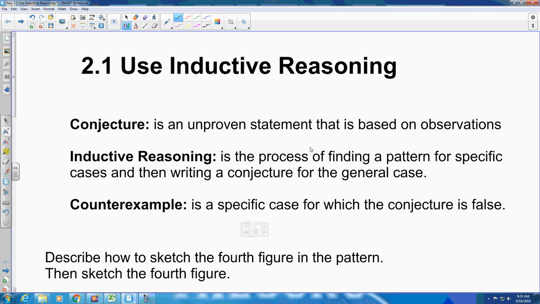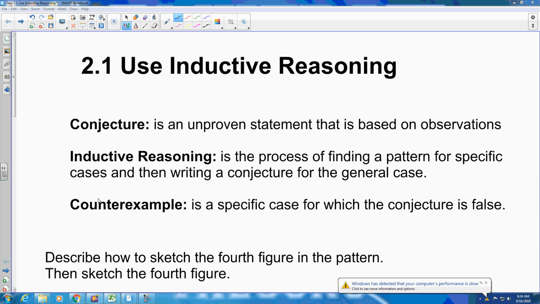All right, we're in section 2.1 where we're going to use inductive reasoning. So first thing, we have some definitions that we're going to take a look at, and they're going to help us better understand what we need to do when it comes to inductive reasoning.